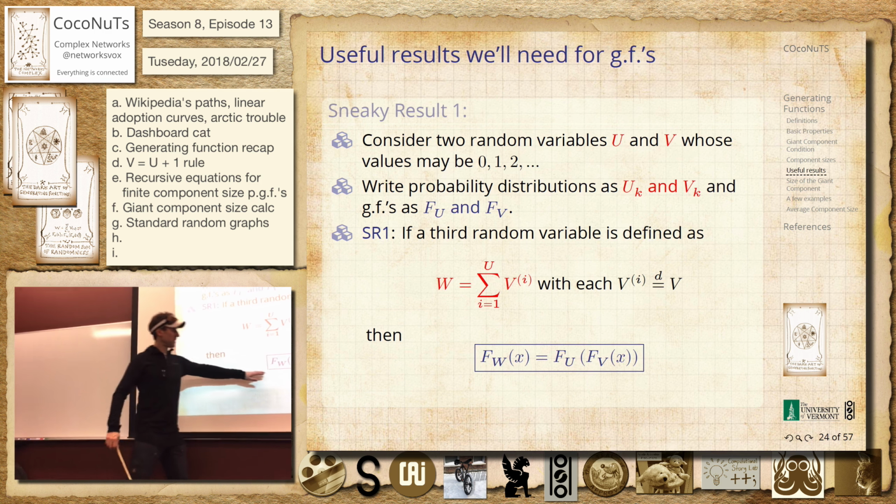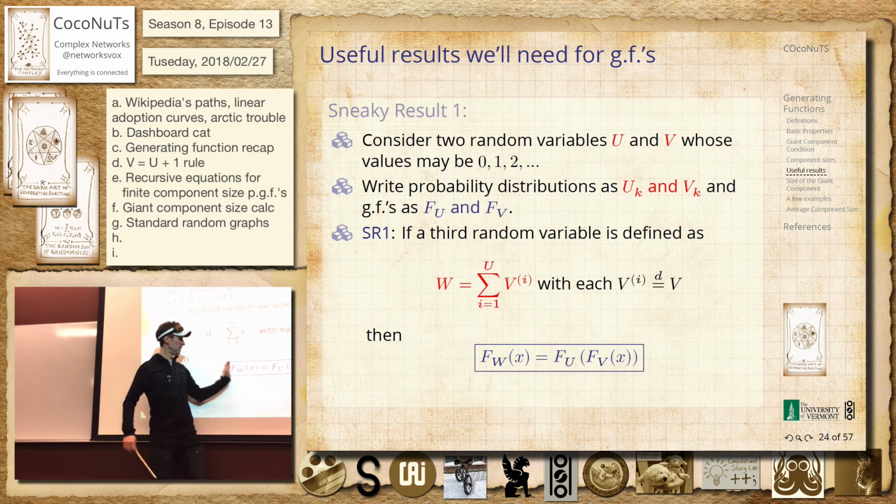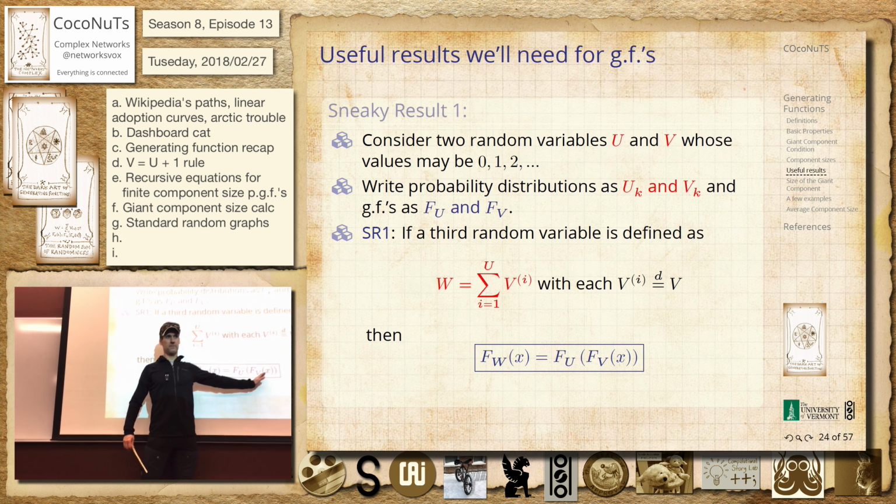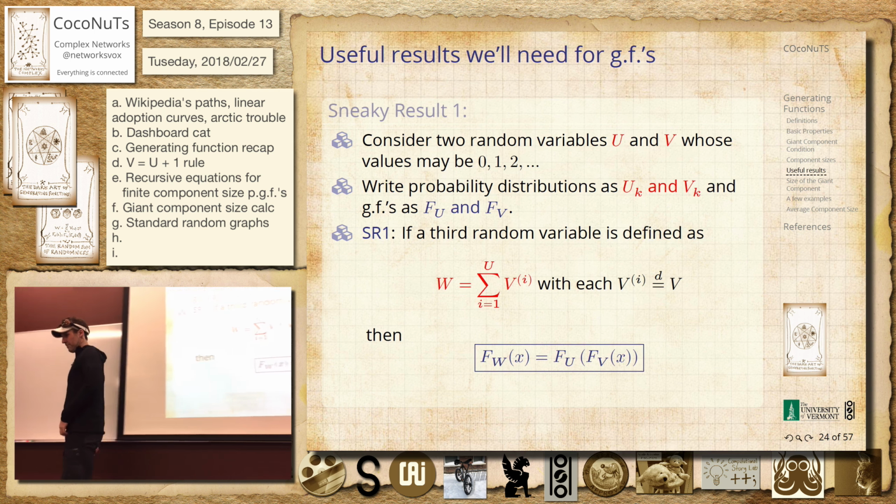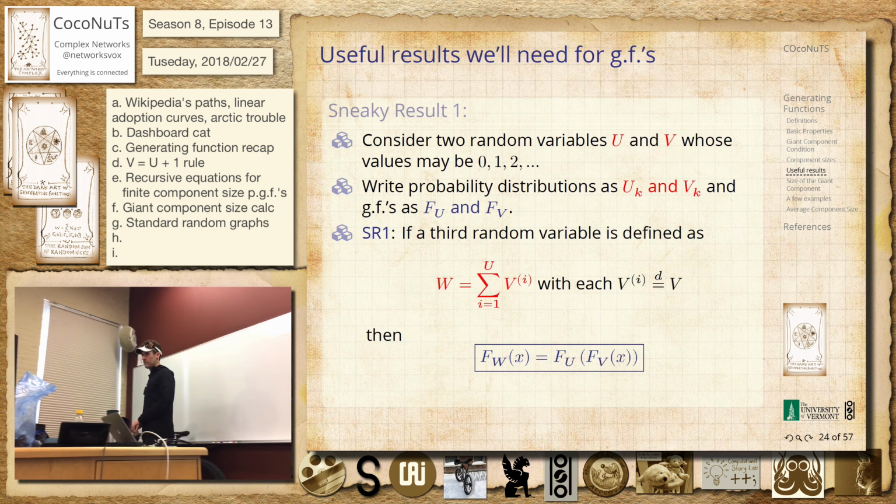We found the generating function for this new variable is the composition, which is a cool thing. So just so you can remember: V is where we're actually getting values from, and U is the number that we're sampling.